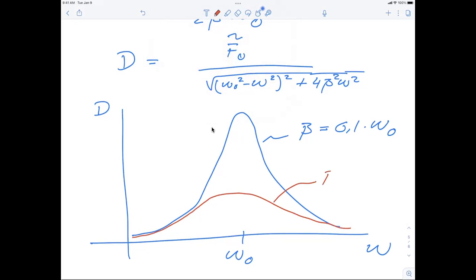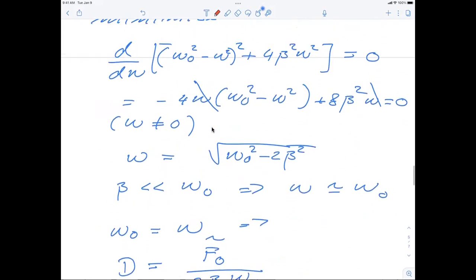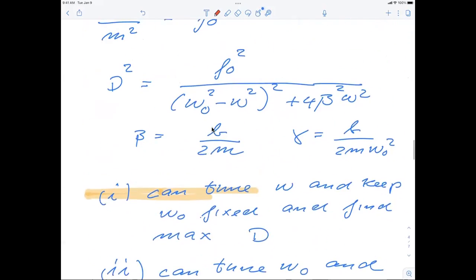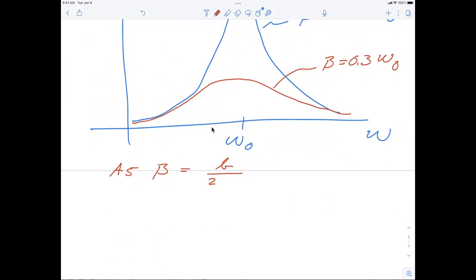So this will be my beta equal to 0.3 times omega 0. So as beta decreases, the resonance peak gets higher and sharper. So let's write this down. As beta decreases, which we define to be B divided by 2m, these being natural constants of the system, decreases.